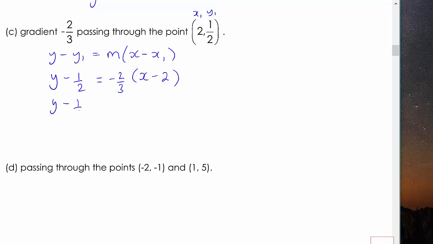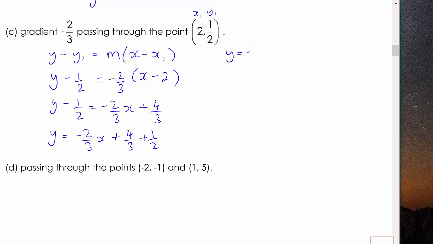So y take away a half is going to be negative 2/3 x plus 4/3. So y is going to be negative 2/3 x, add 4/3, add a half when we bring the half over.